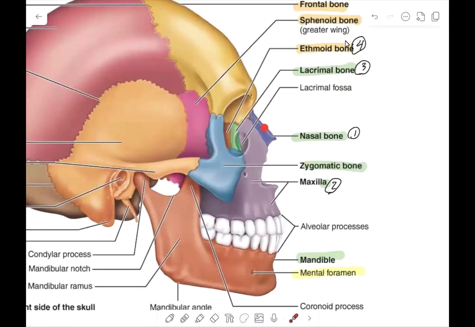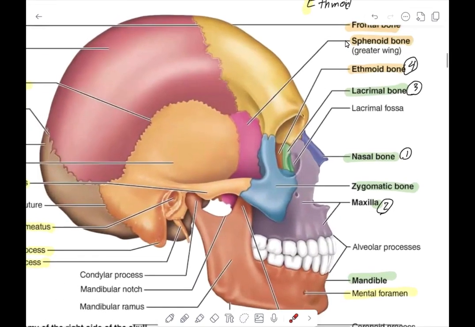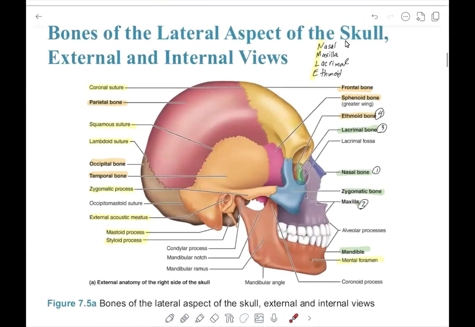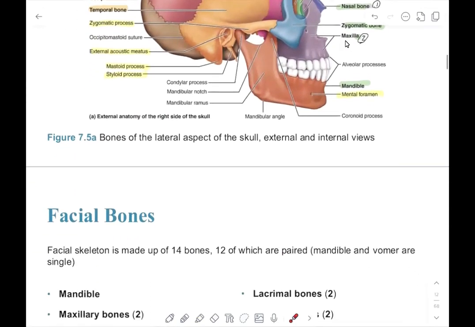So again, we have the nasal bone here. The maxilla is a large bone that begins up here and continues all the way to the top of the teeth. The lacrimal bone is a small bone. And then we have part of the ethmoid bone here as well. So just a little memory trick that can be helpful to you.